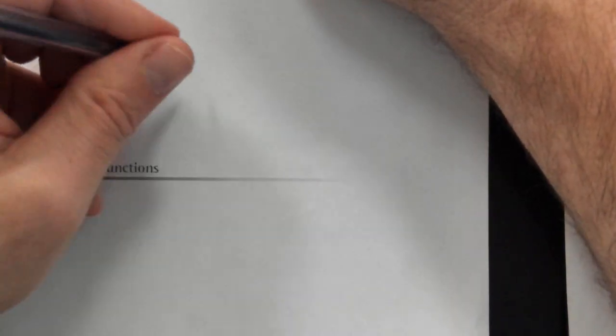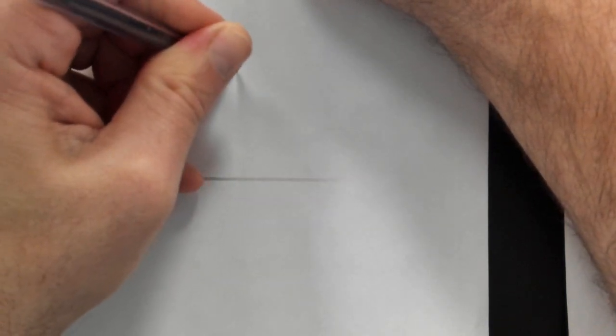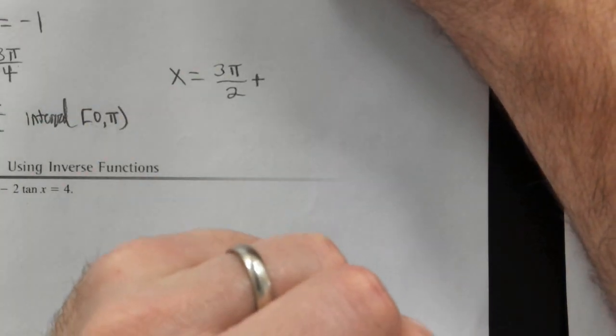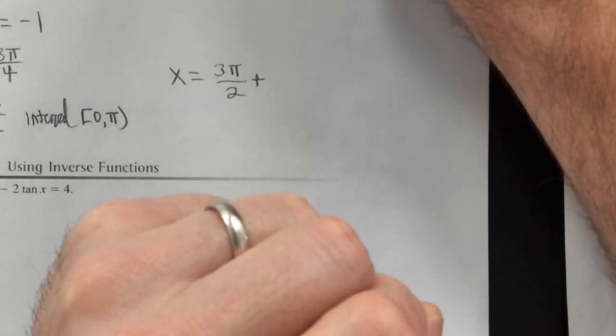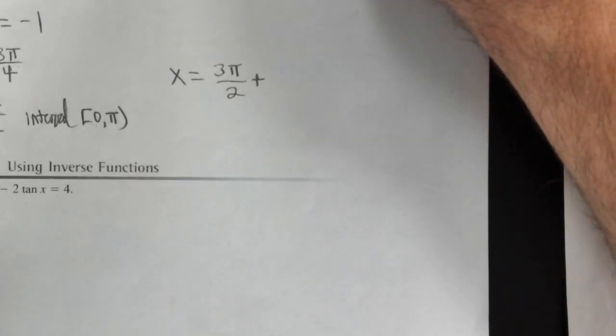Now when we take it to a general solution, though, we're going to get x equals 3 pi over 2 plus. Now remember, typically for tangent the period is pi, but I need to take that pi and adjust it. What did I do here?